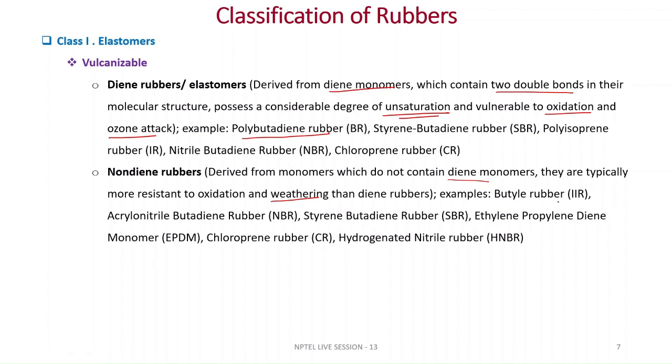Examples are butyl rubber, acrylonitrile butadiene rubber, styrene butadiene rubber, which will be discussed further, ethylene propylene diene monomer, chloroprene rubber, and hydrogenated nitrile rubber.